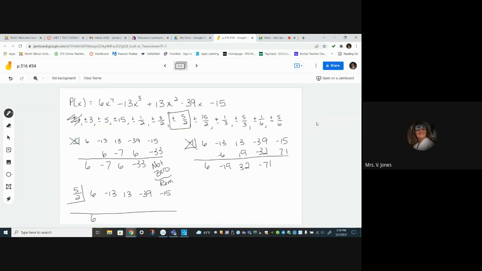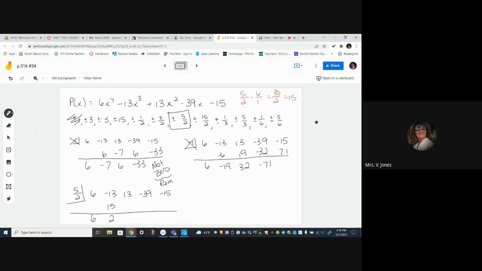All right, so now we're going to multiply. We take 5/2 times 6. So we put it over 1. You get 30 over 2, which is 15. Then we add.